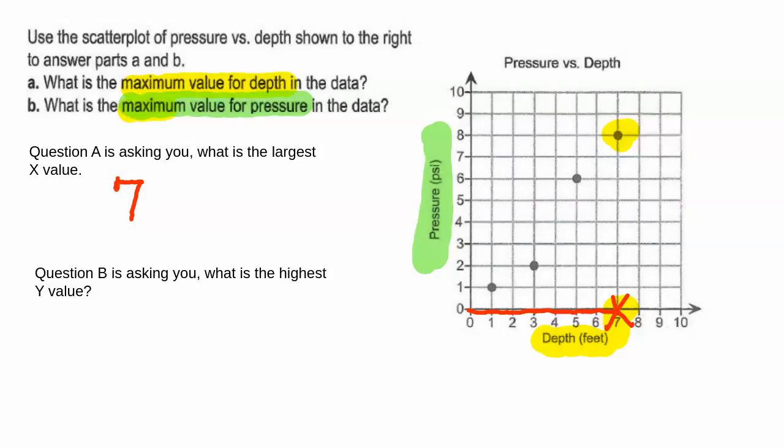Well, the highest Y value, again, comes from this point. But notice it has a value of 8. So notice what it's asking you. Now I'm going to change the question a little bit.